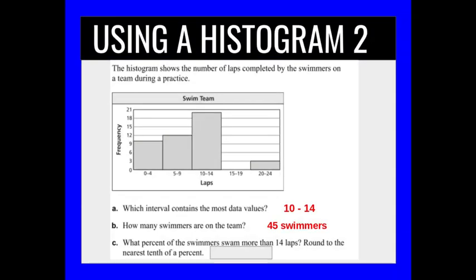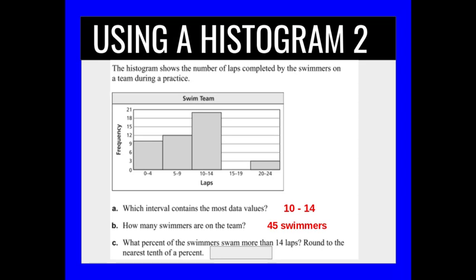What percent of the swimmers swam more than 14 laps? Round to the nearest tenth of a percent. All right, more than 14 laps. So that means, let's see, nobody swam 15 through 19 laps, but we have 3 students that swam 20 through 24 laps.